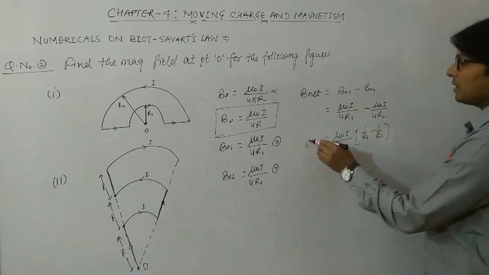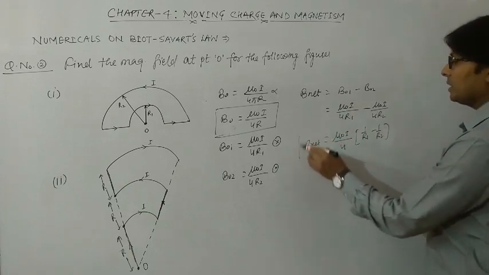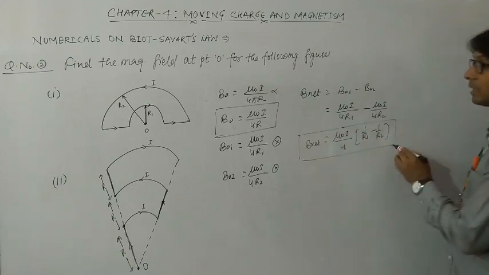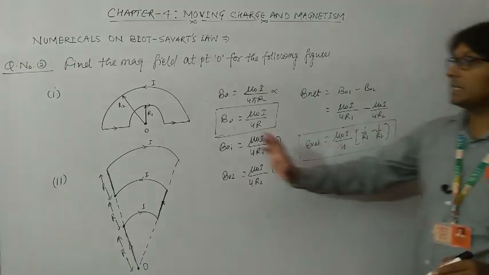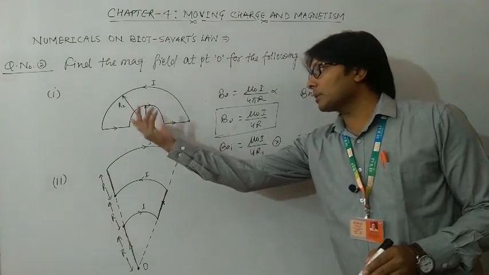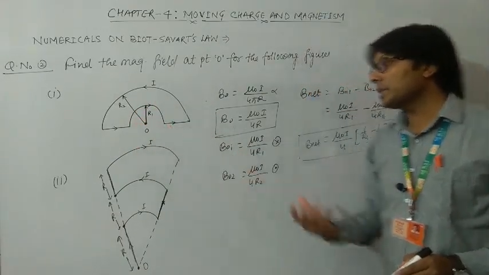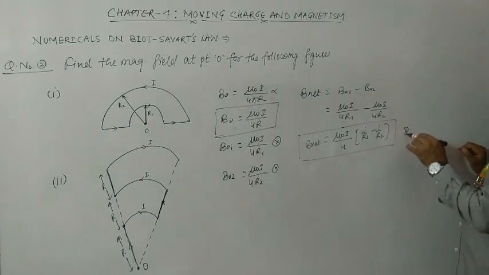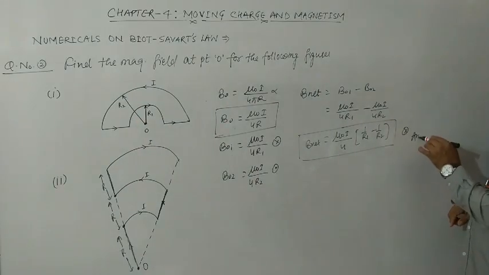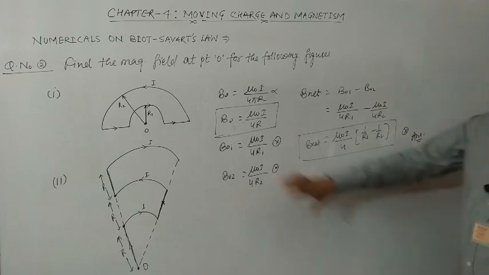The direction of the net magnetic field will be perpendicularly inward, because the magnetic field due to the smaller loop is greater. This will be the answer of the first figure.